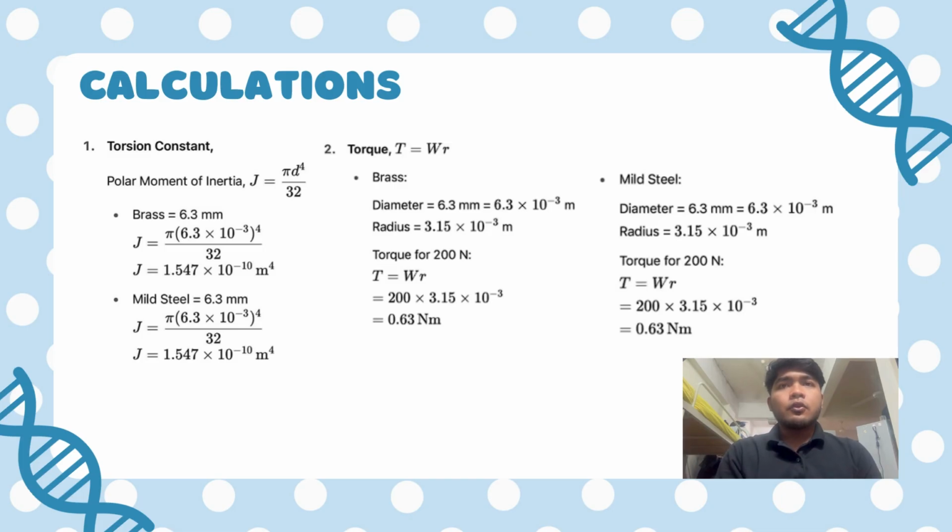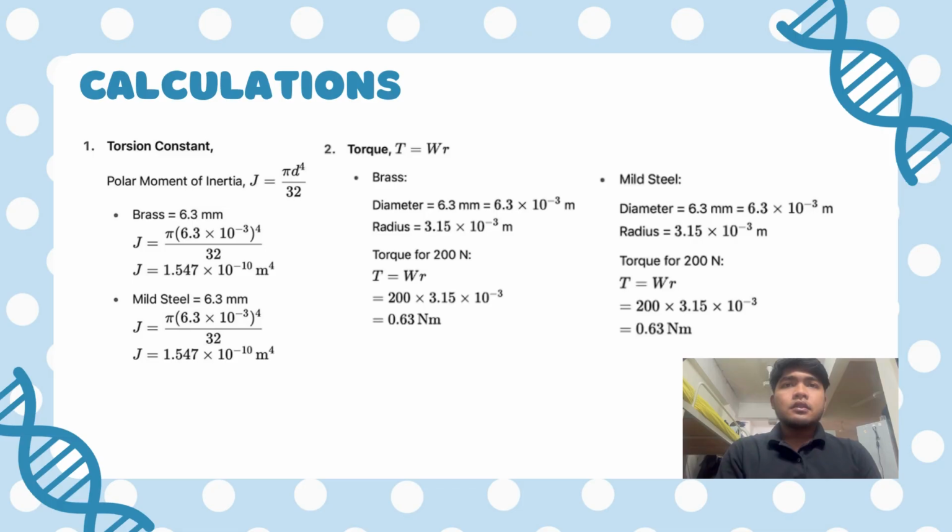The formula for polar moment of inertia is J equals pi d to the power of 4 divided by 32. For the brass shaft, d is 6.3 millimeter.